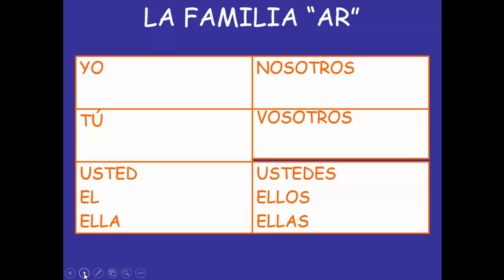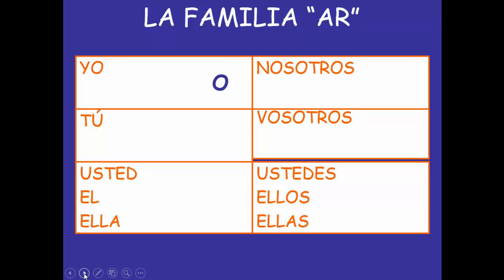And here are the different categories: yo, tú, él, ella, usted, nosotros. We do not worry about vosotros here, so if you want to learn it, that's fine, but you don't have to. And then ustedes, ellos, and ellas. Honestly, guys, the vosotros is only used in Peninsular Spain and in literature. Odds are you'll never use it.